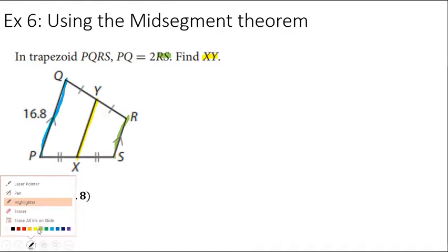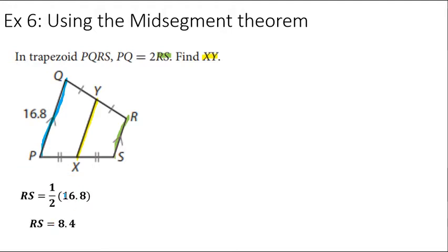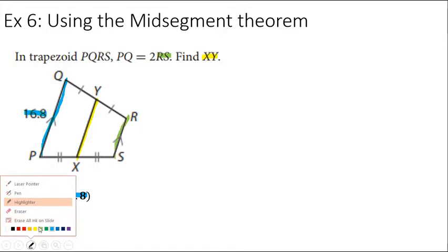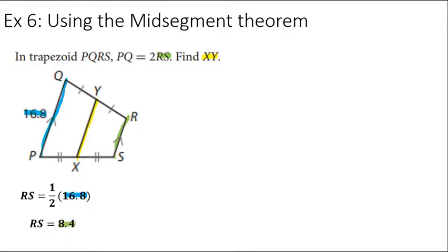Remember, 16.8 is just the length of PQ over here. So half of 16.8 is 8.4, which means that RS is 8.4. So we put that in there.